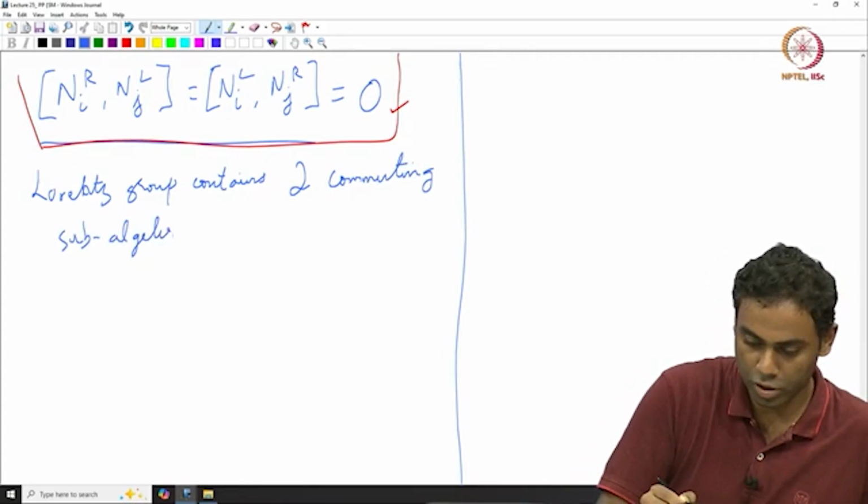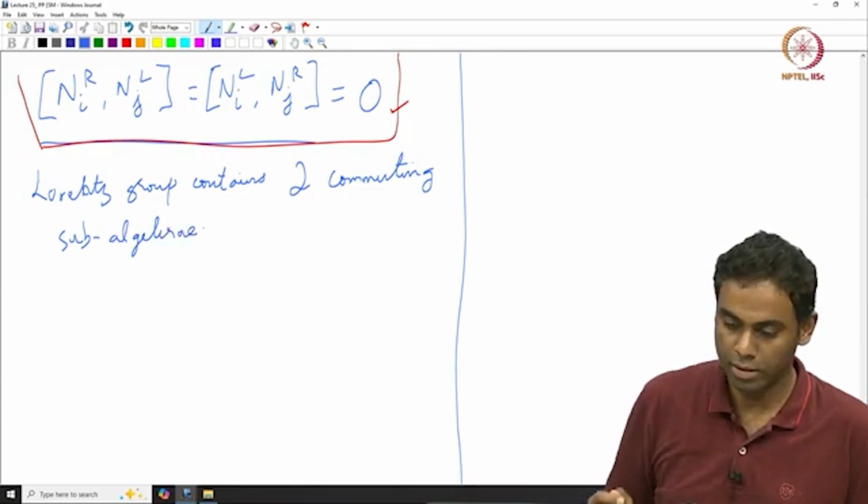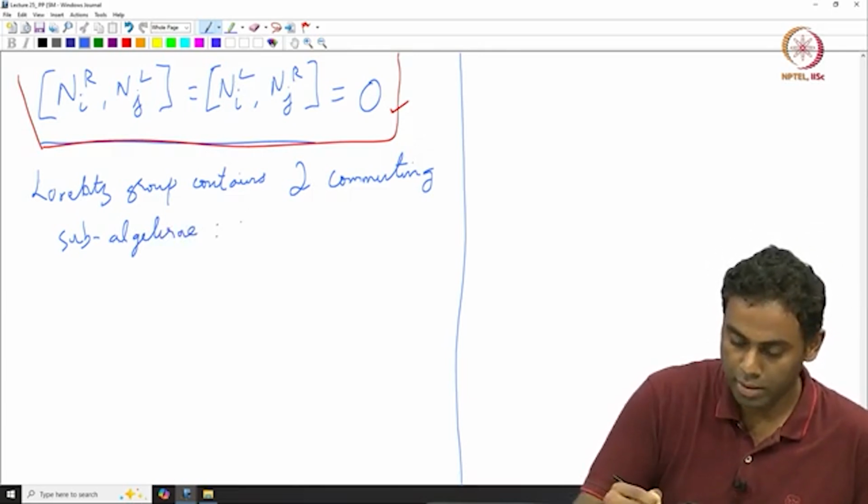I don't know if it's algebras or algebrae, let's just put algebrae, that mimic 3D rotations.